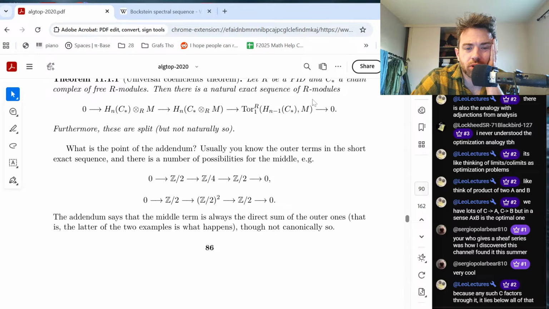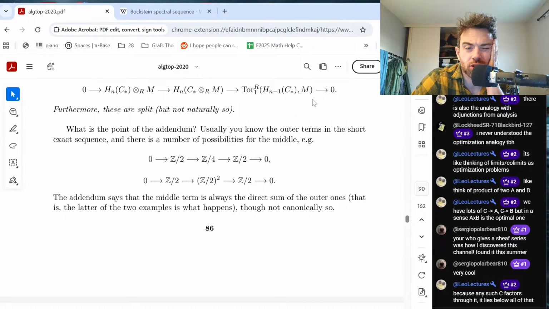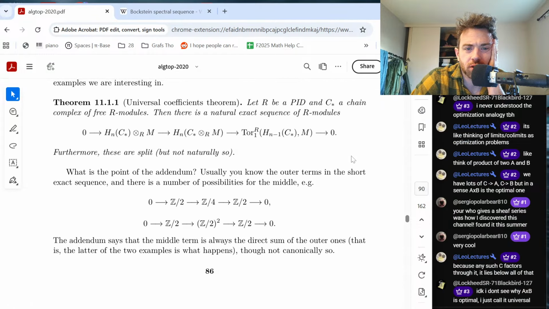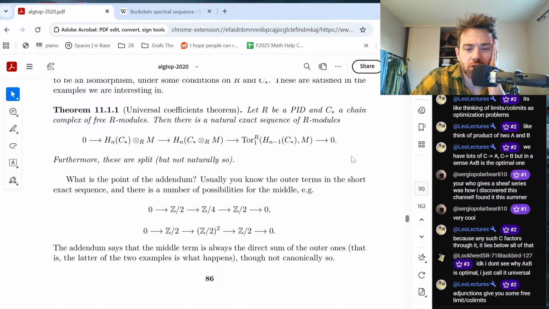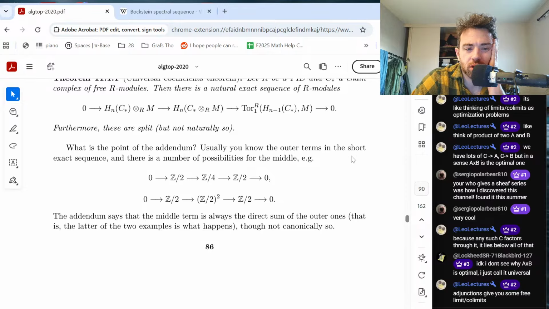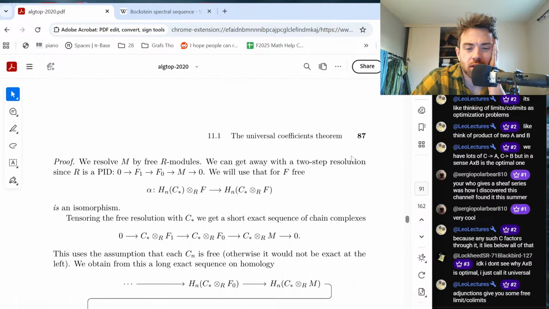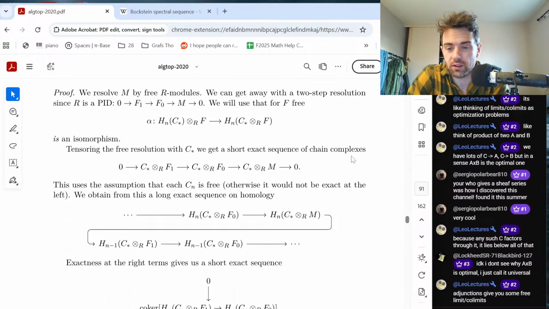What is the point of the addendum? Usually you know the outer terms of a short exact sequence, and there's a number of possibilities for the middle. The addendum says that the middle term is always a direct sum of the outer ones. Okay, let's just start wading into this.